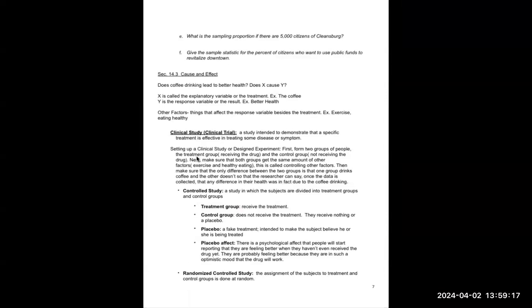A placebo effect is a psychological effect that occurs when, research found a long time ago, that if you tell someone that they're going to be receiving a drug and that it should make them feel better, they're so optimistic and joyful, and that joy and optimism actually makes them feel better.